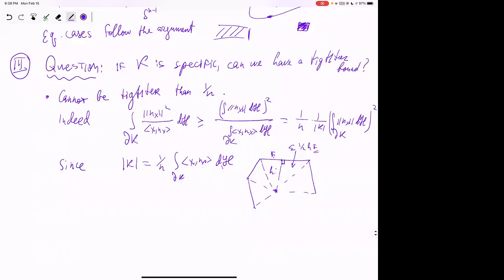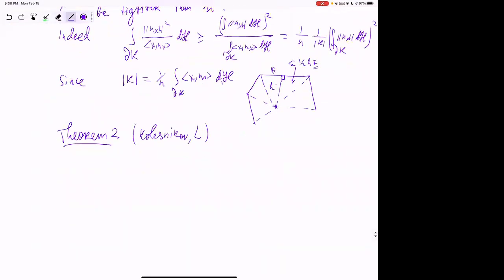So here is another estimate. Suppose, again, we have a semi-norm, and suppose K is some convex body.